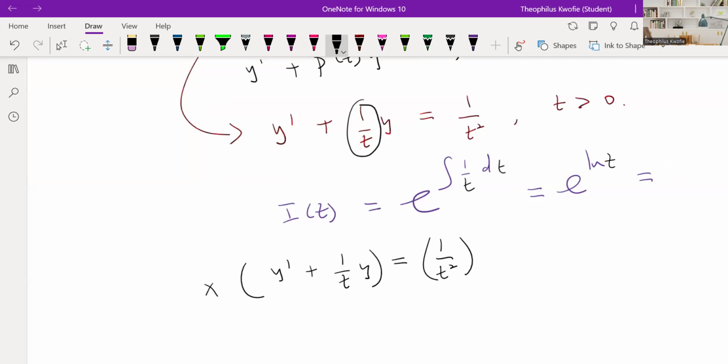Let's take note of that. This has to be t, and this also has to be t.